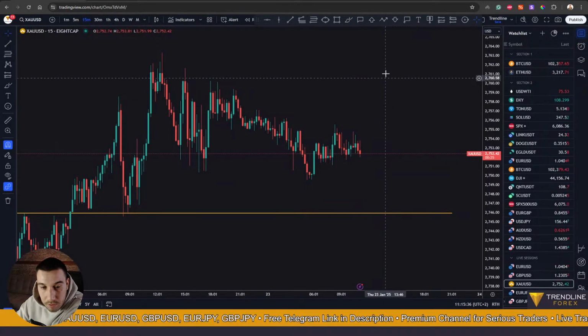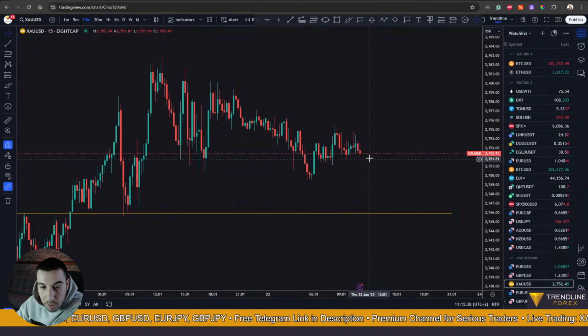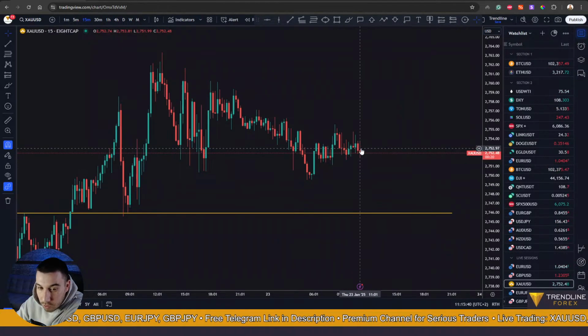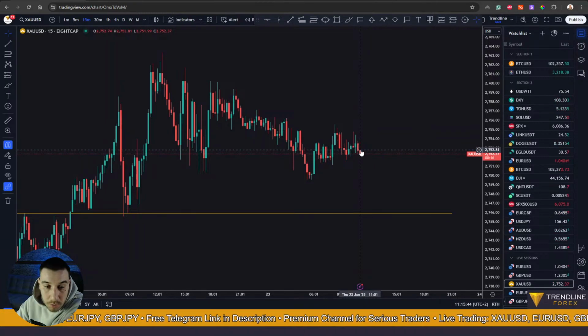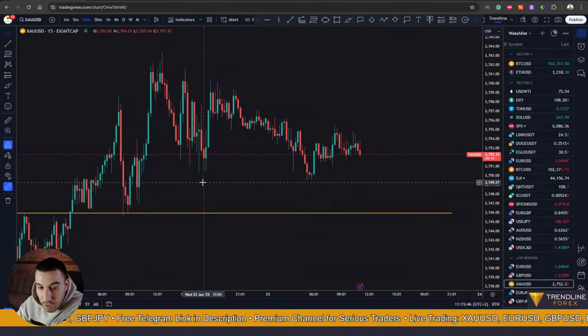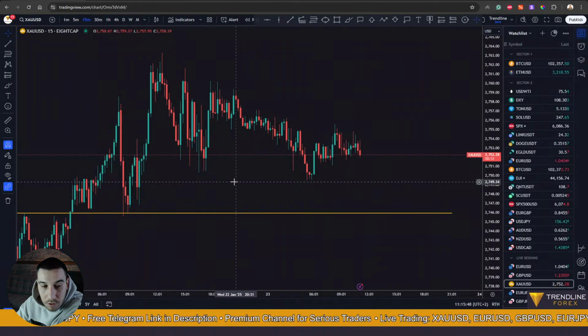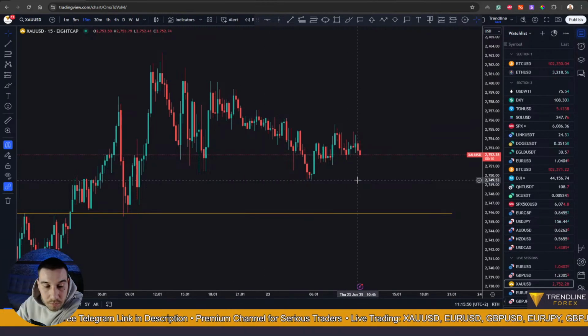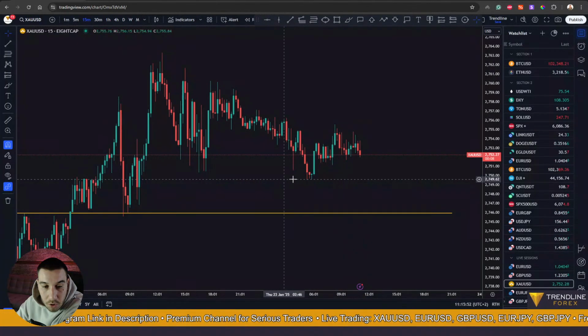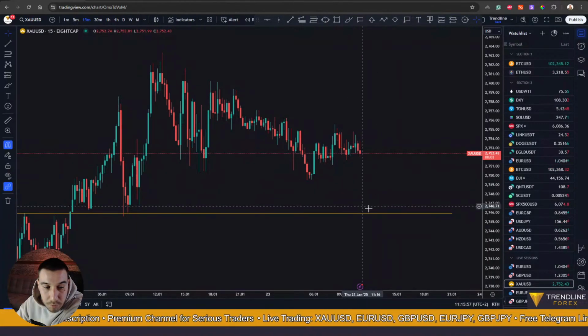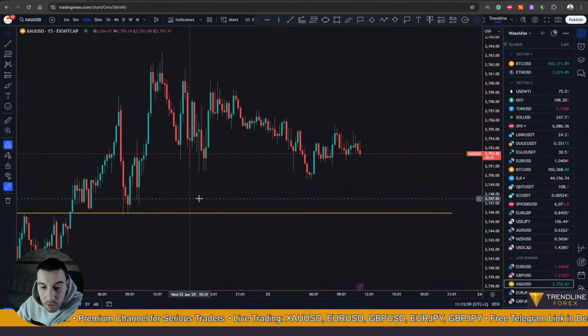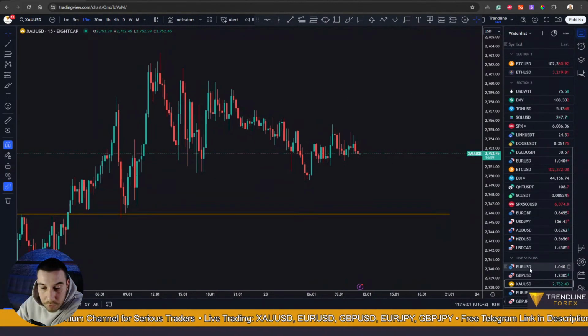Instead of that, we may see price pushing up right away without giving us any sort of pullback or an entry setup. But it is what it is. So this is what I'm going to be waiting for. And if I don't get that, then I'm just not entering a trade. So anyway, I want to see price pushing below this structure right here, and giving me a reversal around this previous low. This is what I'm going to be waiting for here on gold.